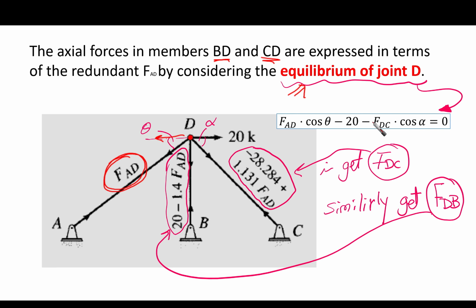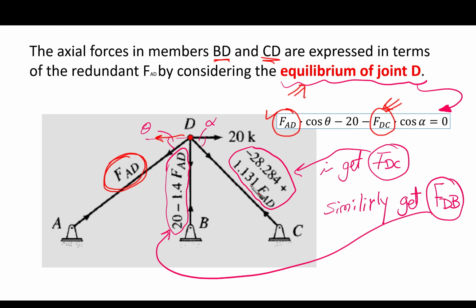So this is an equation, okay? As you can see, we have FAD and we have FDC. FAD is our main redundant. And this equation only has FDC, so we can express FDC in terms of FAD.